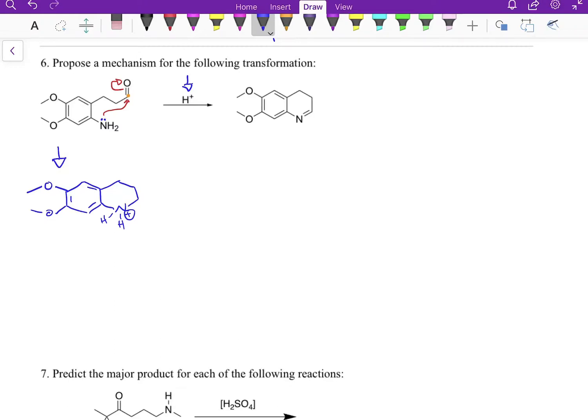So the nitrogen is going to be positively charged, and then you have right here your oxygen, and that is negatively charged.